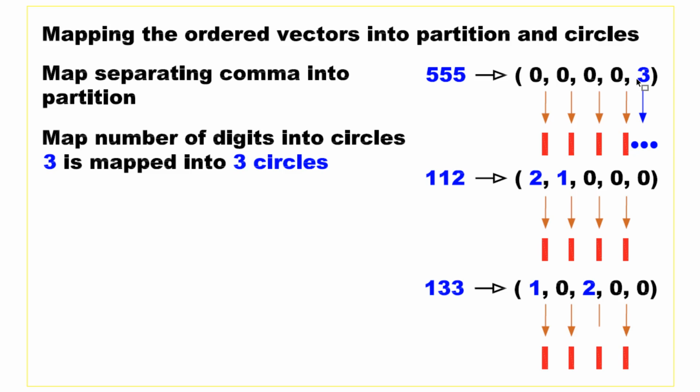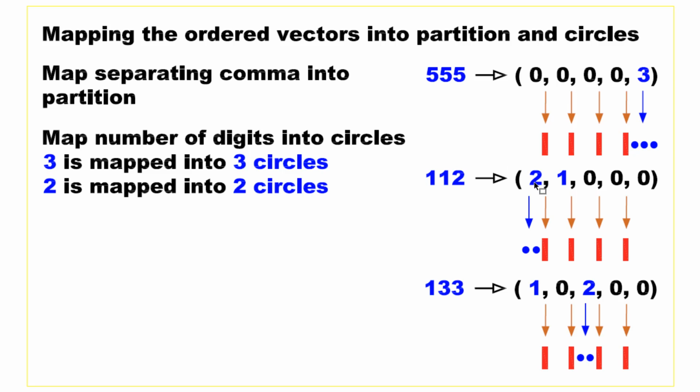So for example, here a 3-digit occurrence is mapped into 3 circles, a 2-digit occurrence is mapped into 2 circles, and a 1-digit occurrence is mapped into 1 circle. We will not map the digit 0 into anything, and the reason why is that the non-zero components of this vector give a full representation of the sequence, so we don't need to map 0.